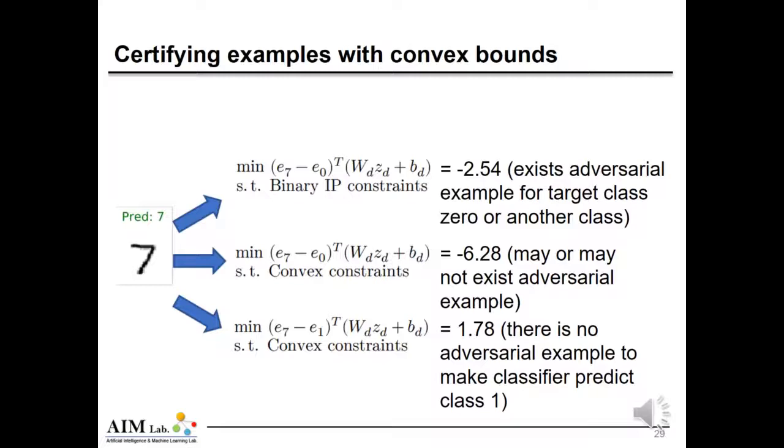However, here we cannot know anything about whether there exist adversarial examples or not, because we relaxed the set of activations and the negative number is the result of the relaxed set, not our set. However, if the result is a positive number, then we can certify that there is no adversarial example that makes the classifier predict the target class.